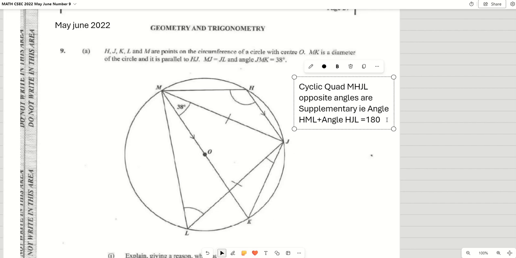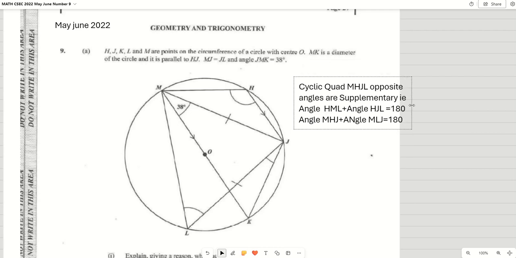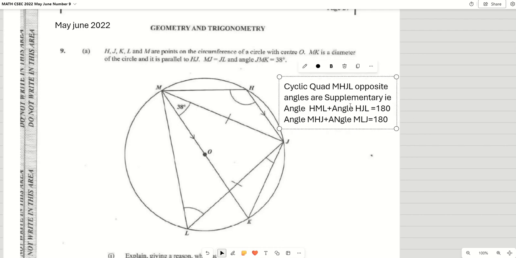Then we have angle MHJ plus angle MLJ is also equal to 180. These are the angles that, if you add them, are supposed to be equal to 180.